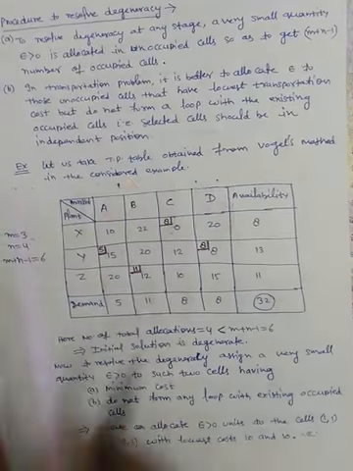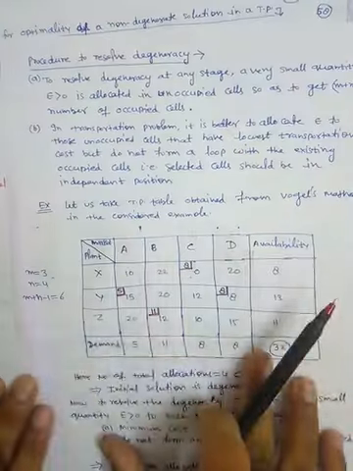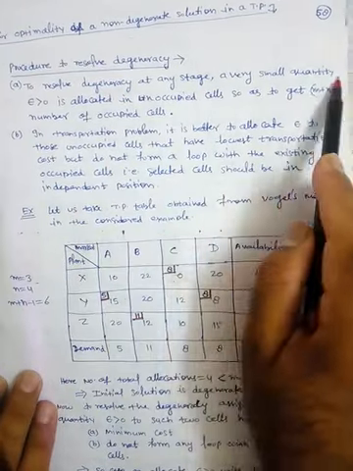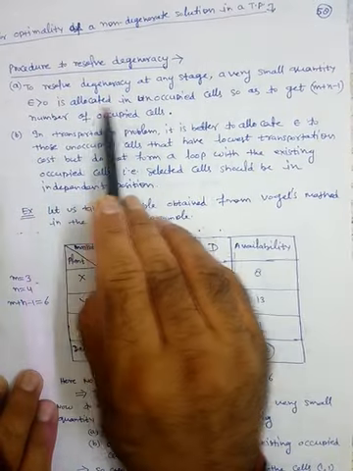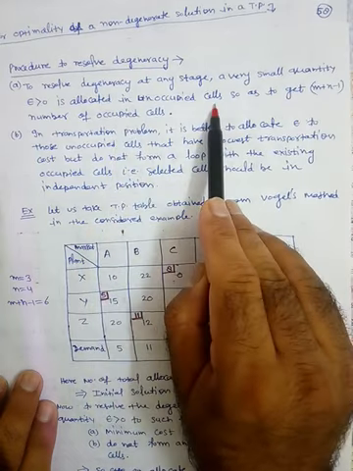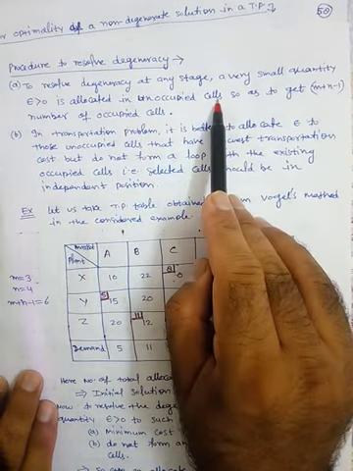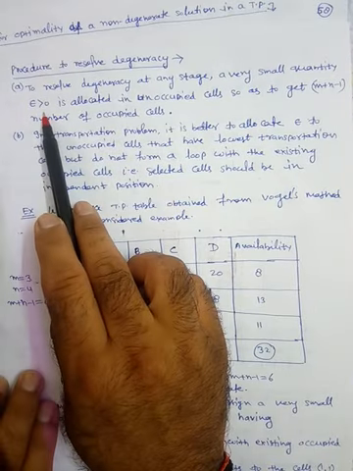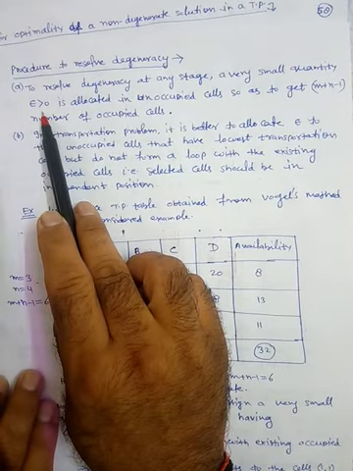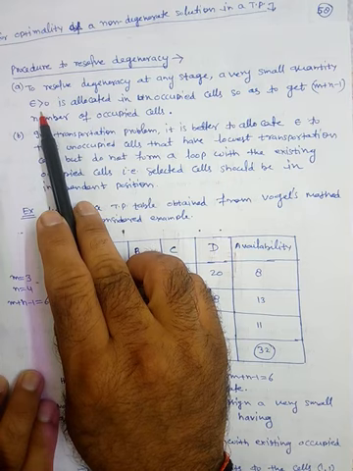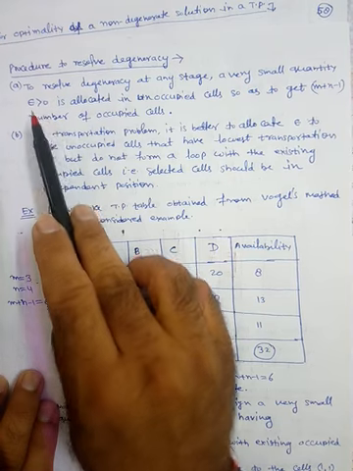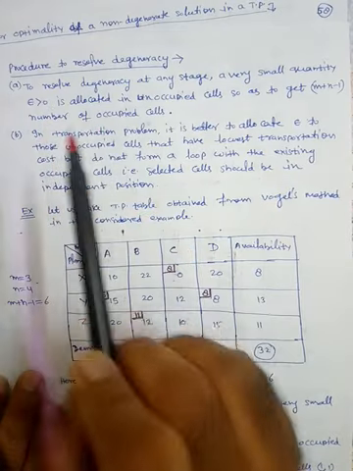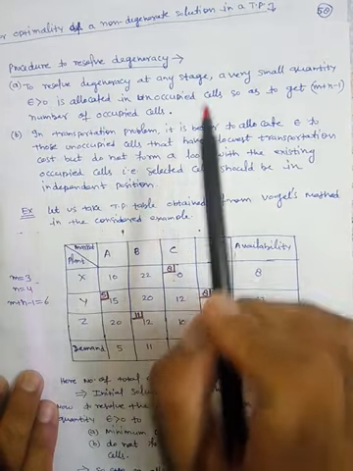To resolve the degeneracy at any stage, a very small quantity epsilon is allocated in unoccupied cells. जितने भी unoccupied cell हैं उनमें से कुछ में हम epsilon amount allocate करेंगे. कितनी में करेंगे? How many allocations are required? We have to allocate epsilon amount in such number of cells so that the total number of allocations will be m plus n minus 1.